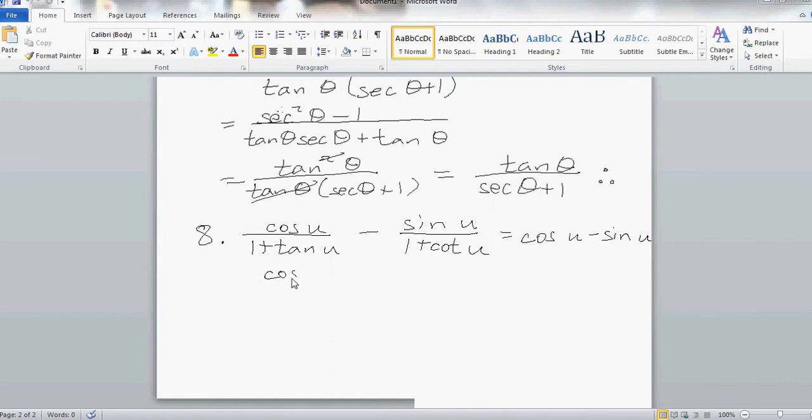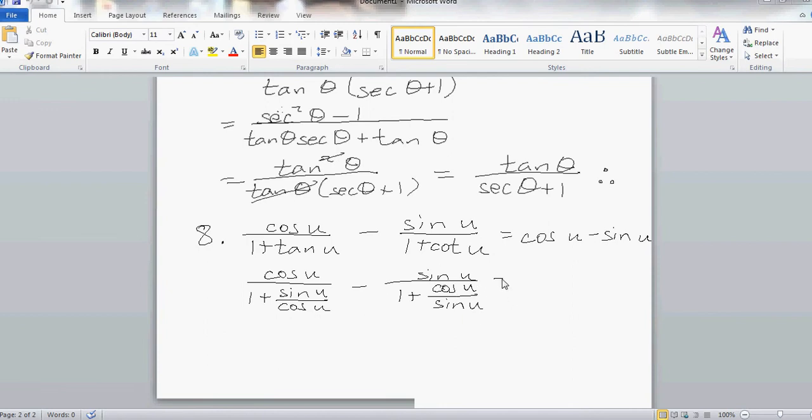So I get cosine of u over 1 plus the sine of u over cosine of u minus, and do the same thing here, the sine of u over 1 plus cosine of u over sine of u.